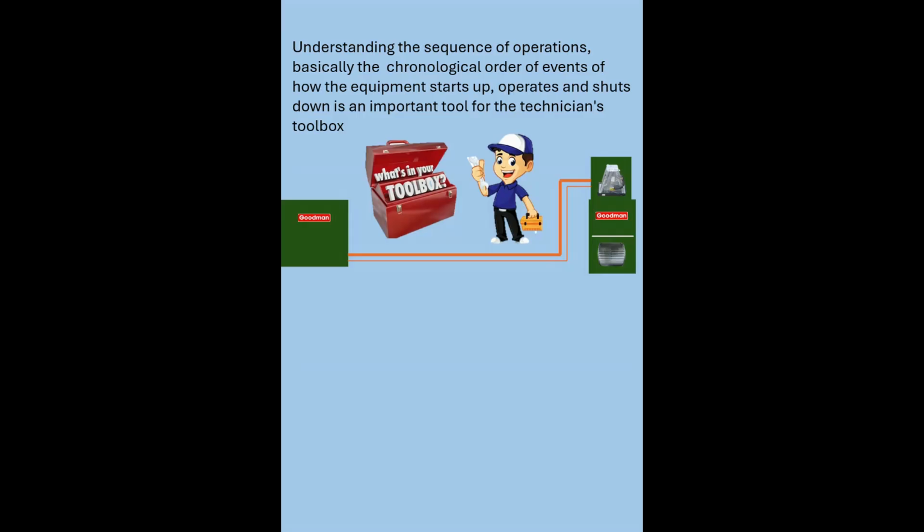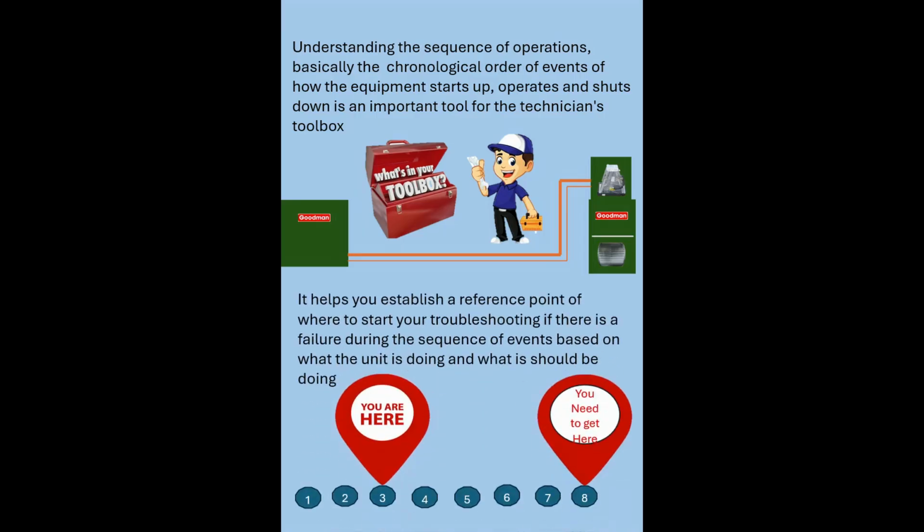Understanding the sequence of operations, basically the chronological order of events of how the equipment starts up, operates, and shuts down, is an important tool for the technician's toolbox. It helps you establish a reference point of where to start your troubleshooting if there is a failure during the sequence of events, based on what the unit is doing and what it should be doing.